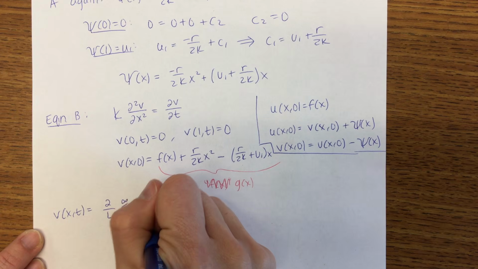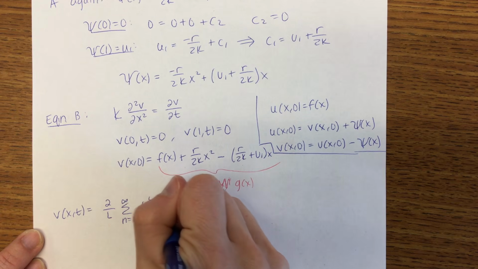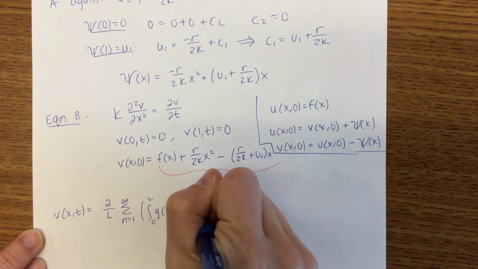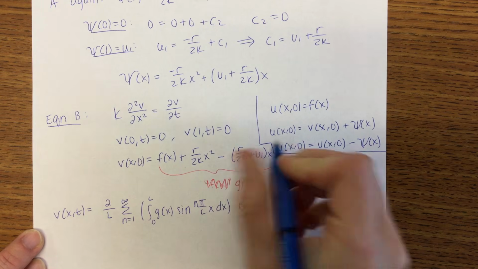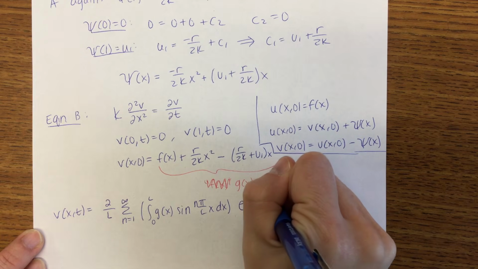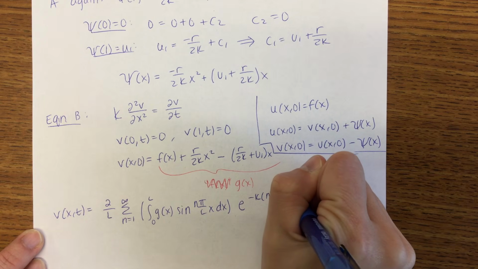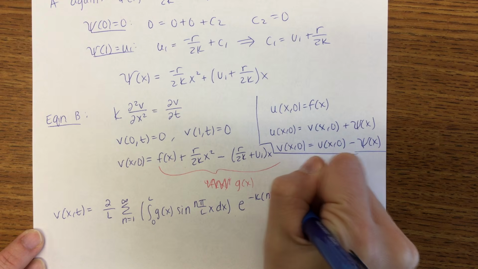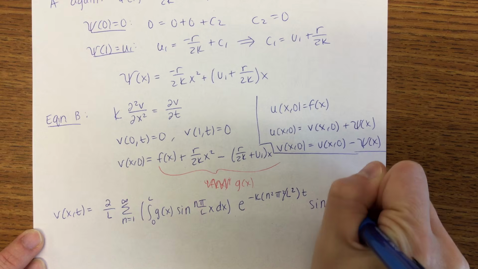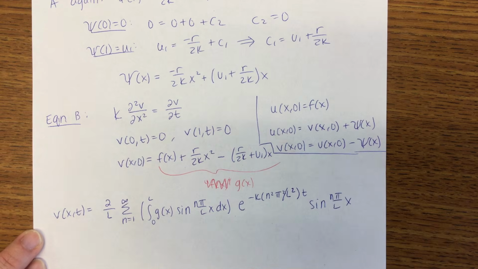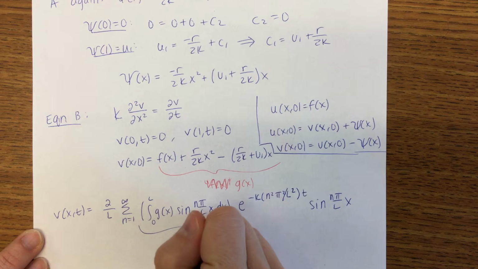So then this will be the integral from 0 to L of g of x sine of n pi over L x dx, e to the negative k n squared pi squared over L squared t, sine of n pi over L x. And then do you remember how we called all of that a of n?